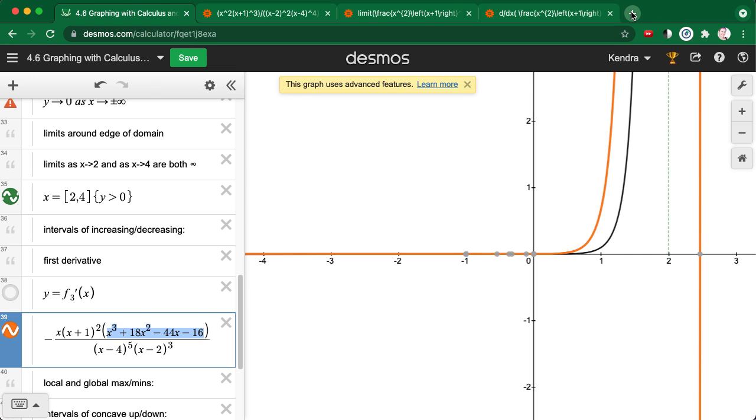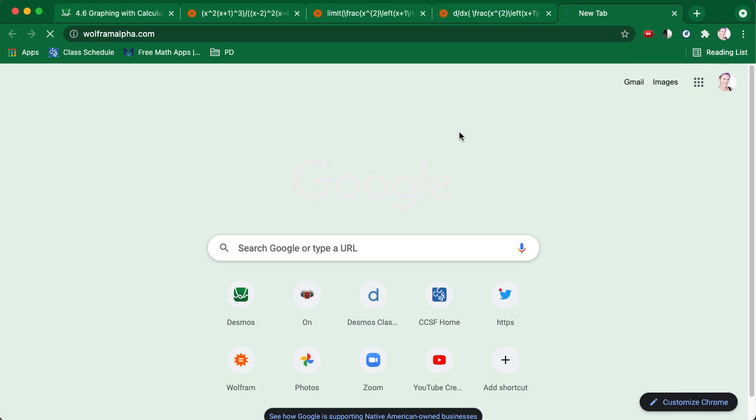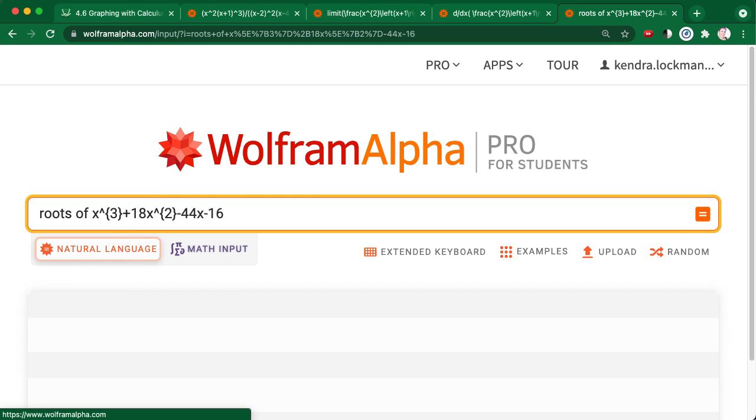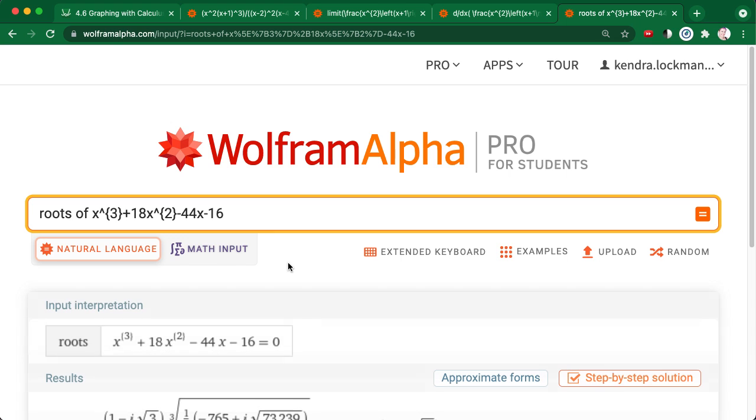So I'm going to go back to Wolfram Alpha and find the roots of that polynomial.